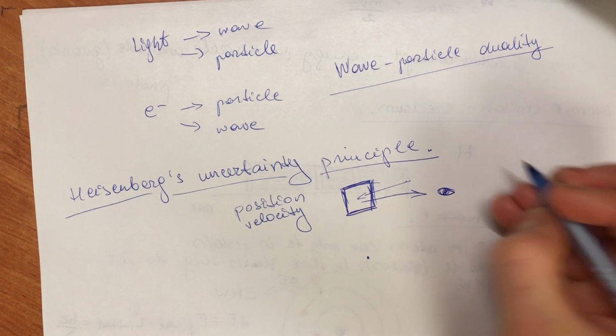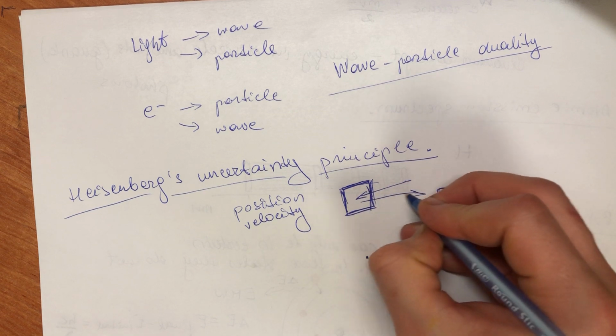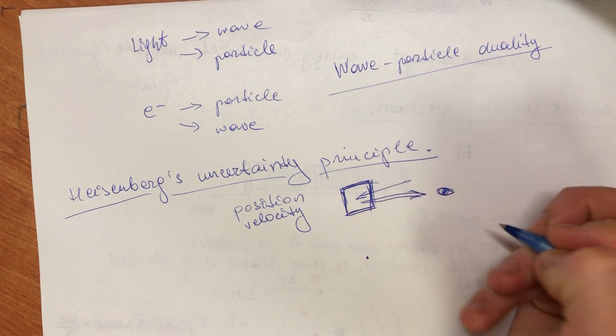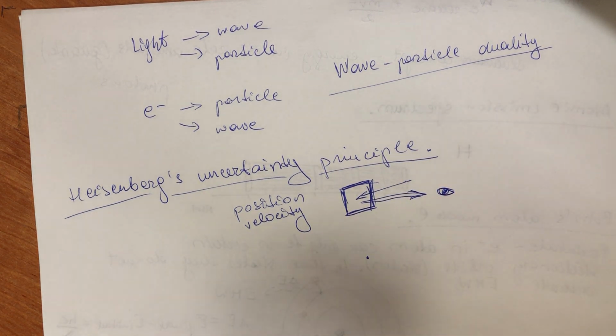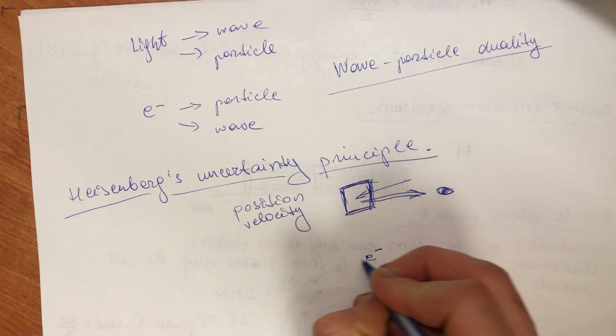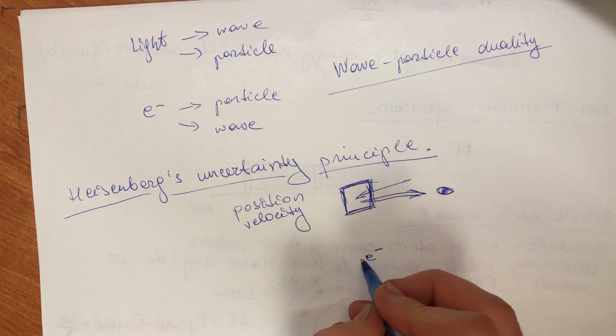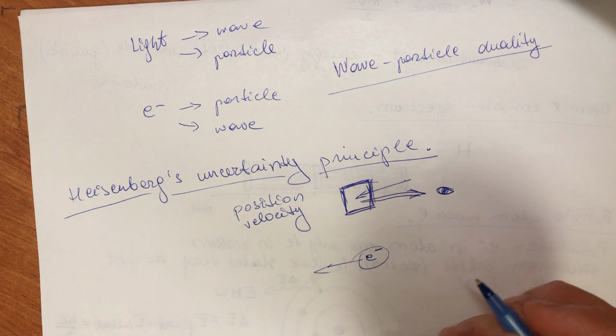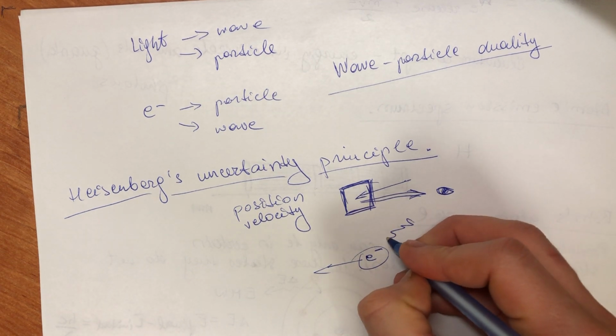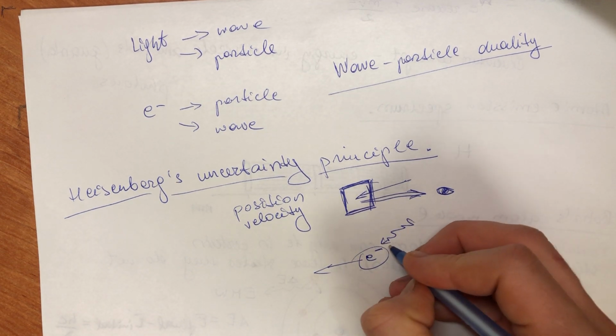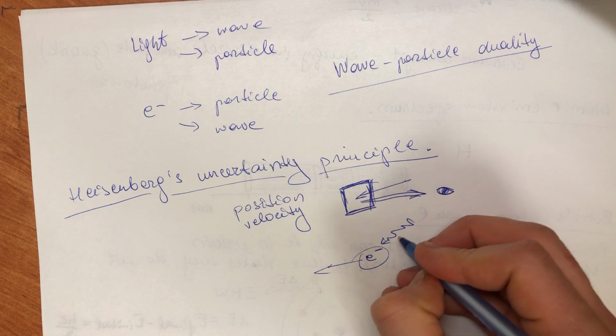So imagine that the electron, a very small particle, is moving somewhere. We shine a light on it, so it is hit by a photon.